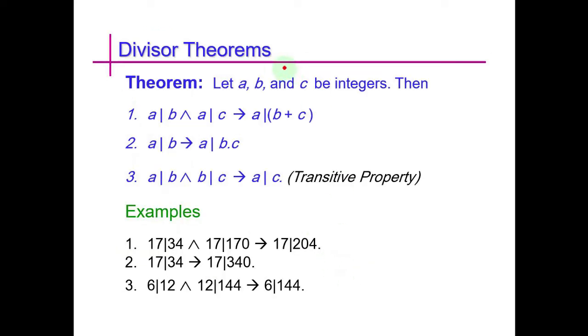So now we are going to the divisor's theorem. In this theorem we have let A, B and C be integers. We are given 3 integers. Then the first part is if A divides B and A divides C, then A divides B plus C. The second part is if A divides B, then A divides BC.